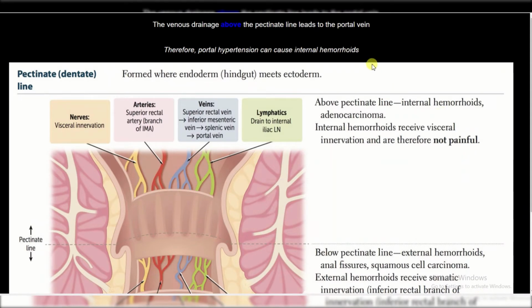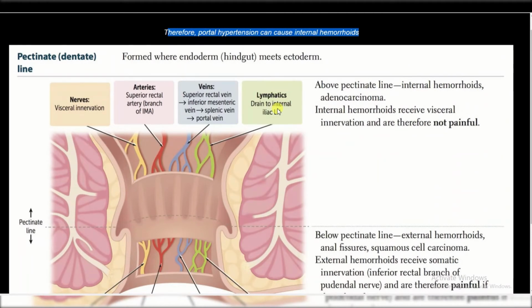Therefore, portal hypertension can cause internal hemorrhoids. As you can see here, this is the venous drainage. It goes from the rectal vein to the inferior mesenteric vein to the splenic vein to the portal vein. We already studied the pectinate line in detail. You can recall it. I will quickly tell you and you remember all the things.